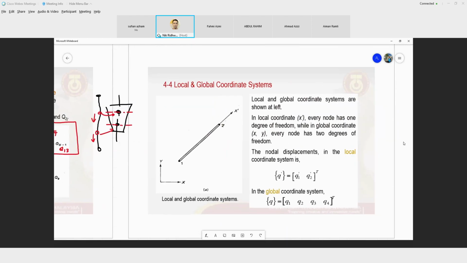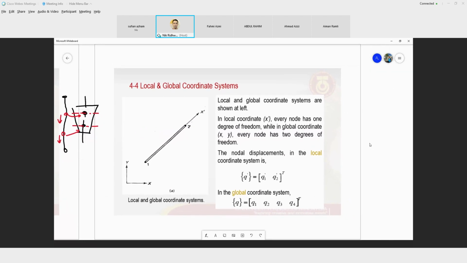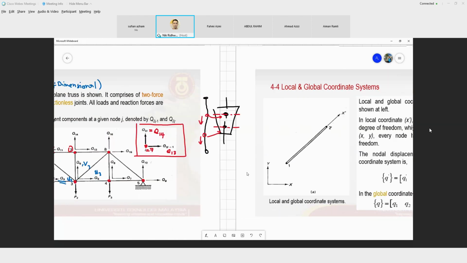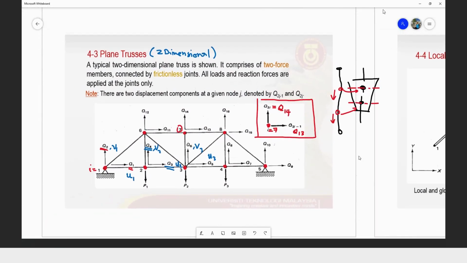Okay, now we come to the definitions of the local and global coordinate system. Alright, so kalau kita tengok tadi, kita punya elemen tadi ada yang inclined to certain angles. Okay, tak semua kita punya structure ni perfect horizontal or vertical, but some of them which is inclined to certain angle, theta.